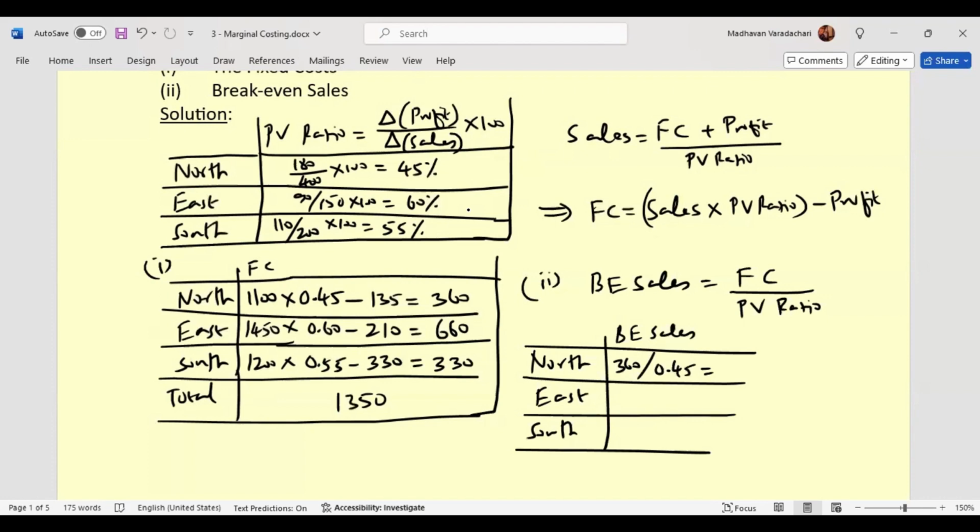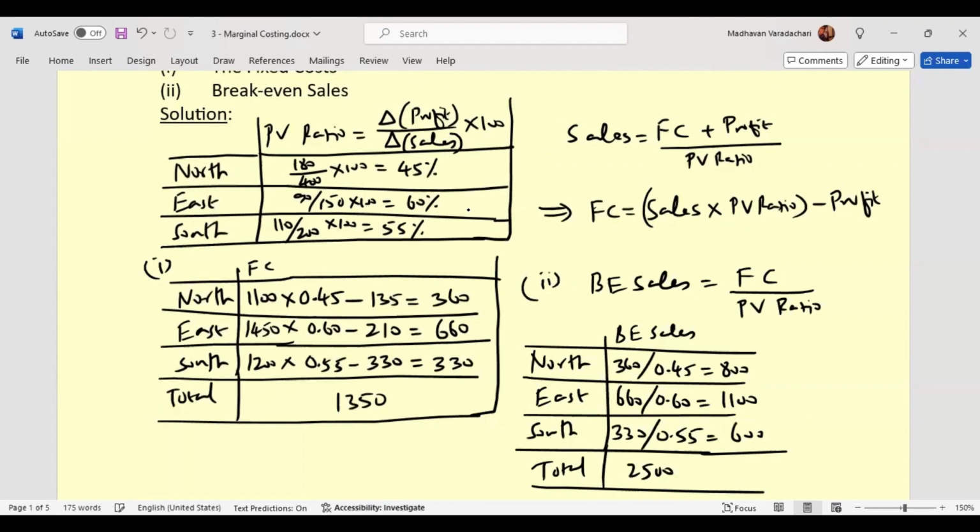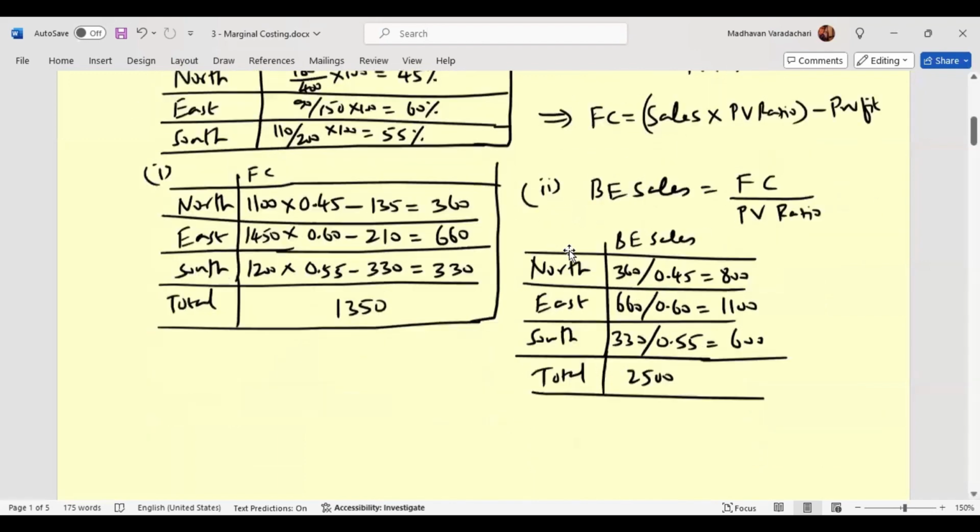That will give us the sale as 800. Then 660 divided by 0.6. That will give us 1100. Third one, 330 divided by 0.55. That will give us 600, which means the total for the company will be 2500. That will be the solution for this question.